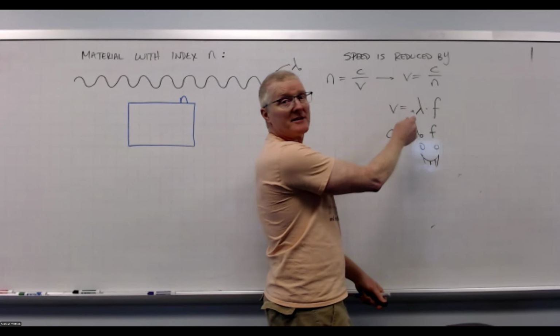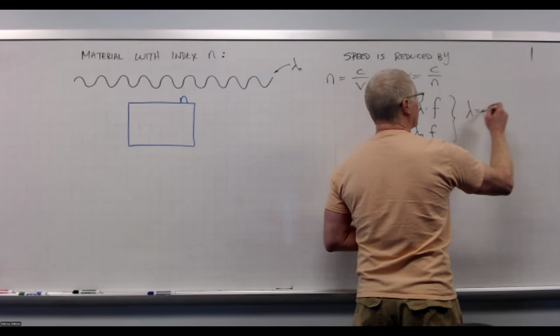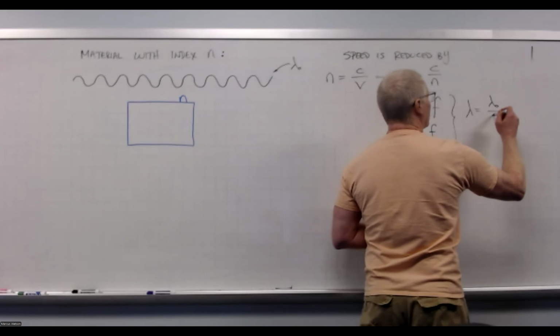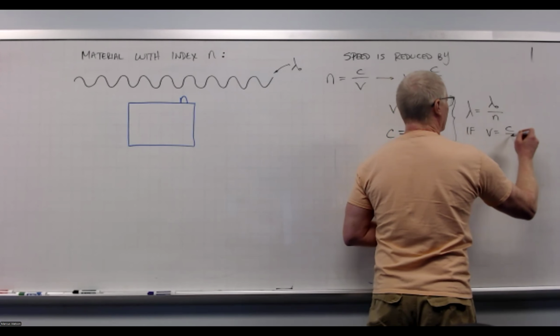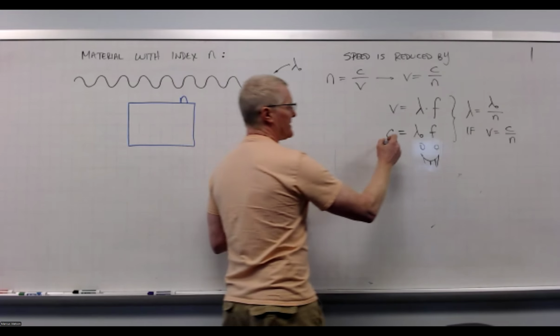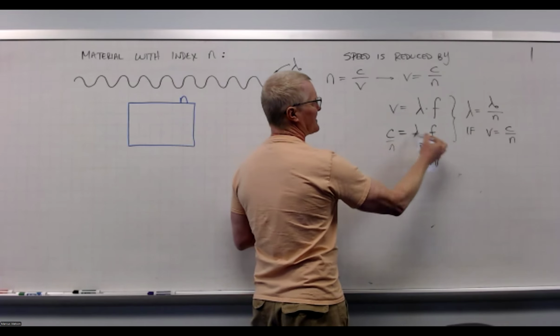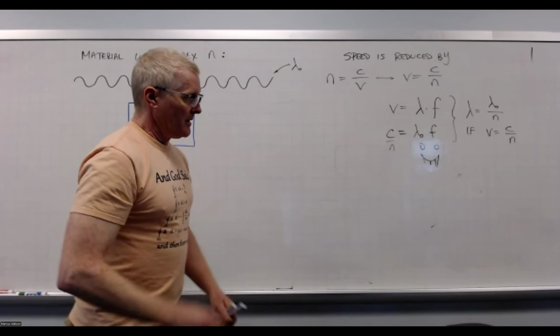This lambda naught is going to divide by n in order to become lambda. So I'm taking this, divide by n. Where does the divide by n go over here? It turns out it goes on the wavelength.